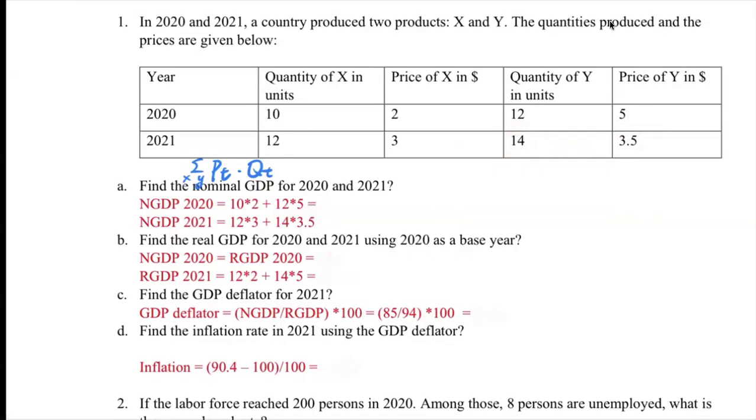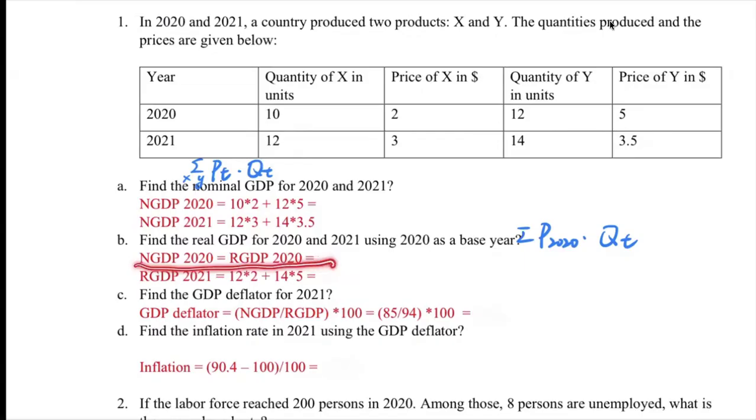And remember, what is the real GDP's formula? It uses the base year. Here we have 2020 as the base year: its prices times the quantity for each year, and then sum it up. So actually the real GDP for 2021 changed, but the nominal GDP and the real GDP in 2020 are the same.